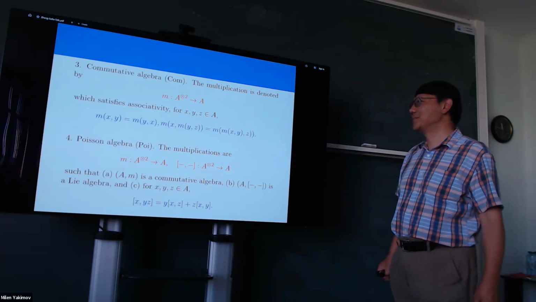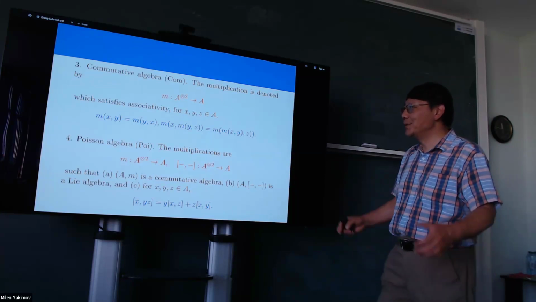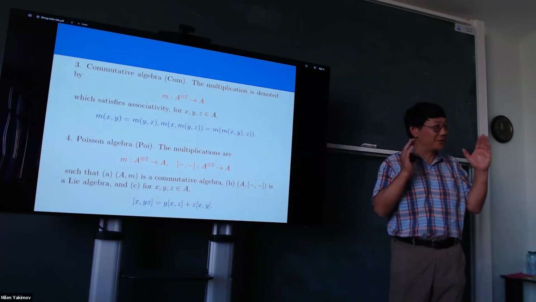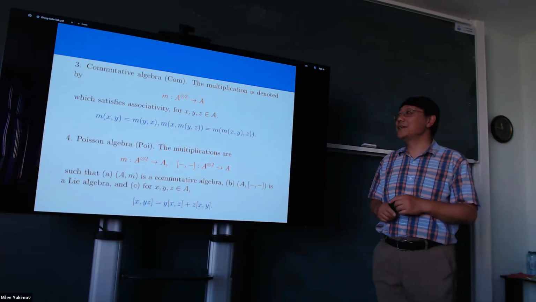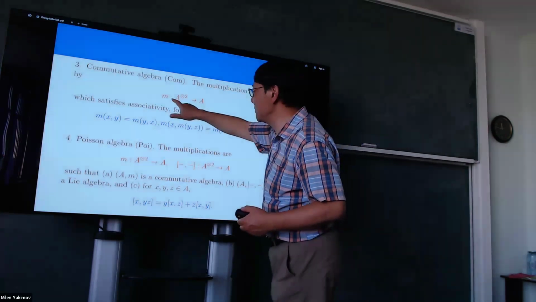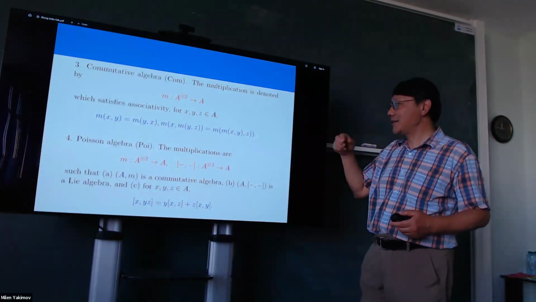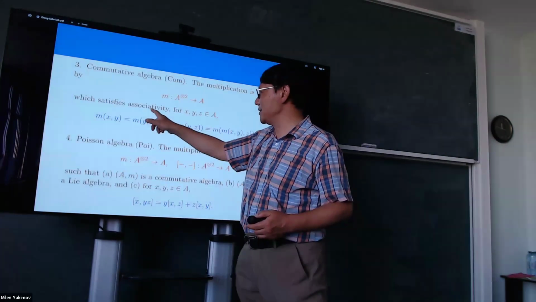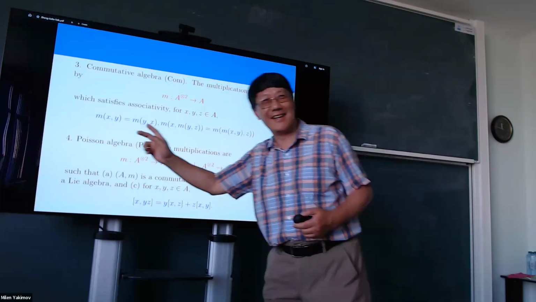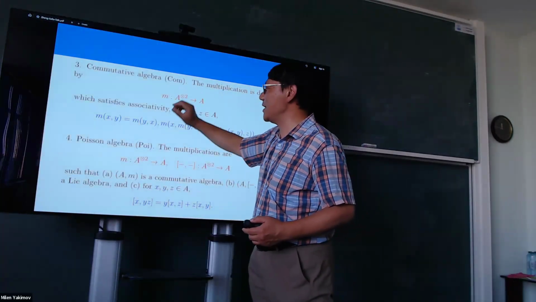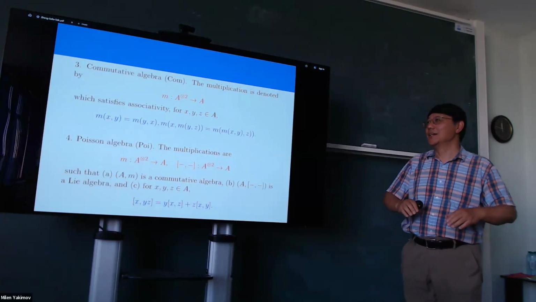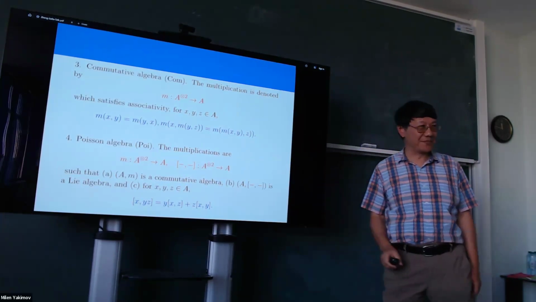Commutative algebra. Well, we can consider a commutative algebra as an associative algebra. That's true. But there's a commutative operad, which consists of a multiplication satisfying actually two conditions. Associativity is the second one, but also commutativity, right? One multiplication with two relations. So all the commutative algebras have this property.